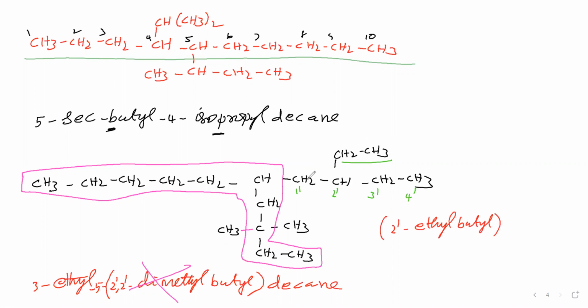This complex substituent is present at which carbon? 1, 2, 3, 4, 5. At the 5th carbon. This methyl is present, there are 2 methyl groups present at the 3rd carbon, 3, 3 dimethyl. And here totally we have 10 carbon atoms, therefore decane. So the name of this compound is so and so.